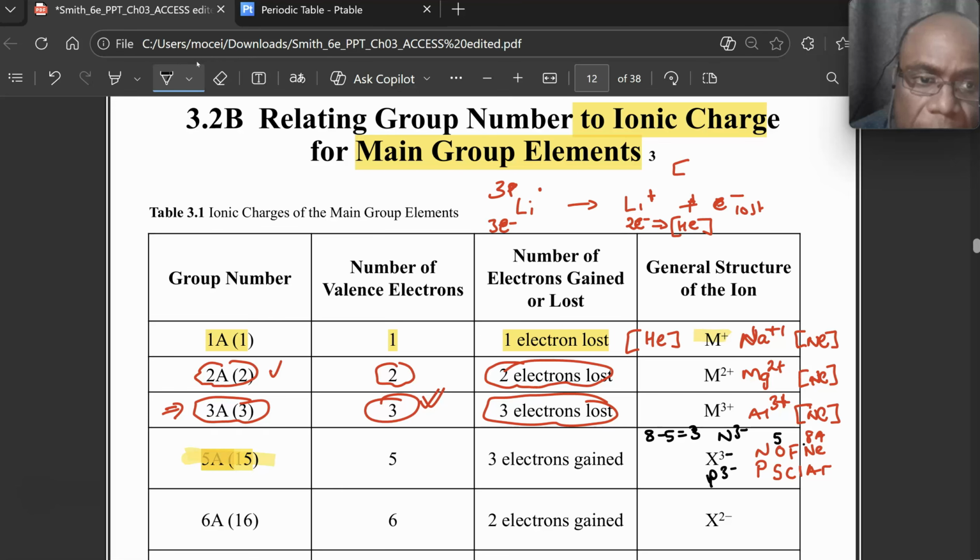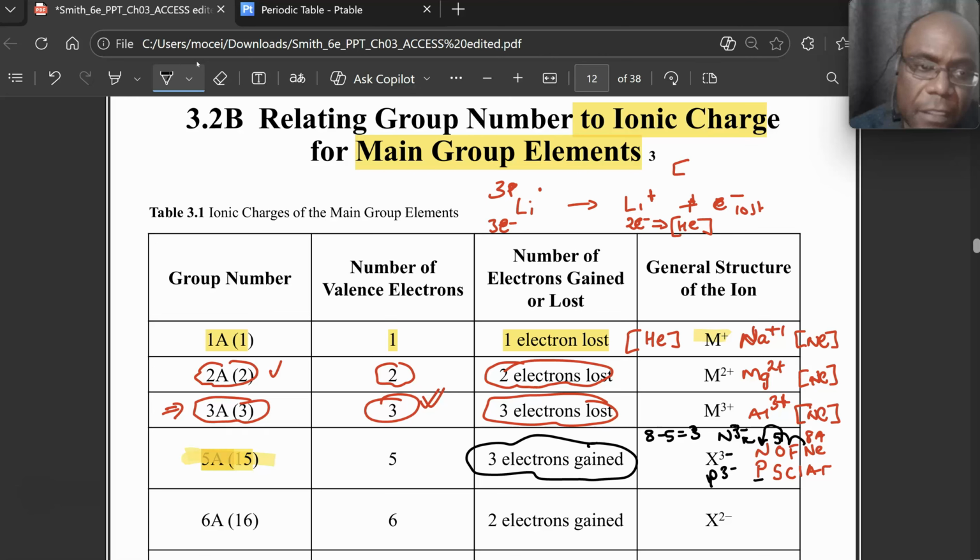How many steps are we going back from neon to nitrogen? 1, 2, 3 steps. We are going backwards 3 steps, so minus 3. So for nitrogen to go to neon, you need to go 3 steps. So 3 electrons must be gained for nitrogen to be as stable as the next noble gas, which is neon.